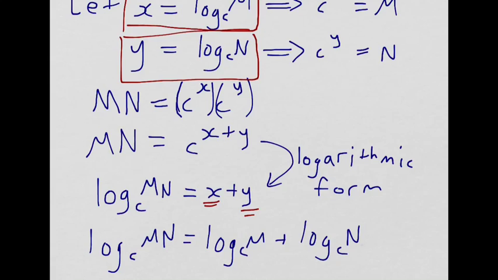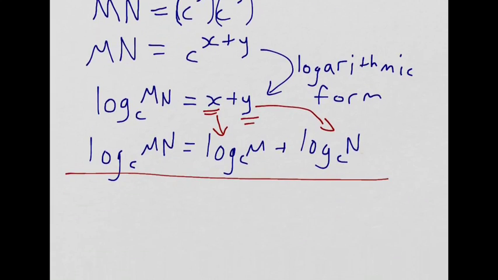So all I did is I replaced x with this expression and y with that expression. And there we have our final statement. Okay, believable? So, once again, when you have two things multiplied together in the same logarithm, you can split them up into two separate logarithms summed together. Okay, and I'll show you some examples of how that works when we get there.